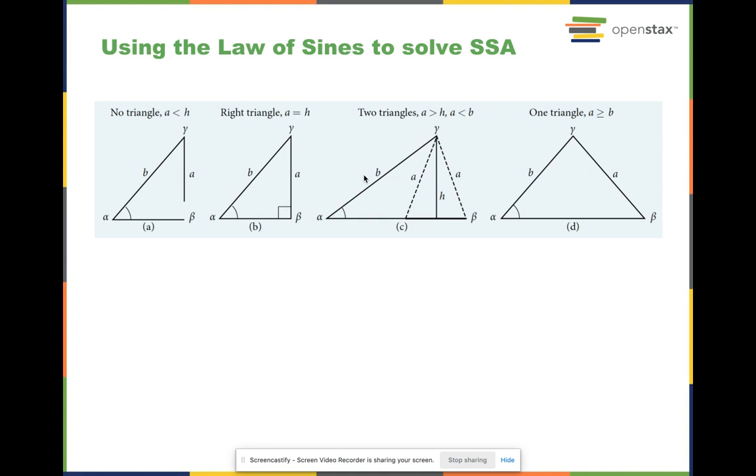And you can't tell at the beginning. You can tell I've got a side-side angle. This is the ambiguous case. I've got to be careful here. But you don't know at the beginning which case it's going to be until either you get sine of something greater than 1, which you can't take the inverse sine of, or one of your triangles has a negative angle and can't happen, or both triangles work out and you just solve them.